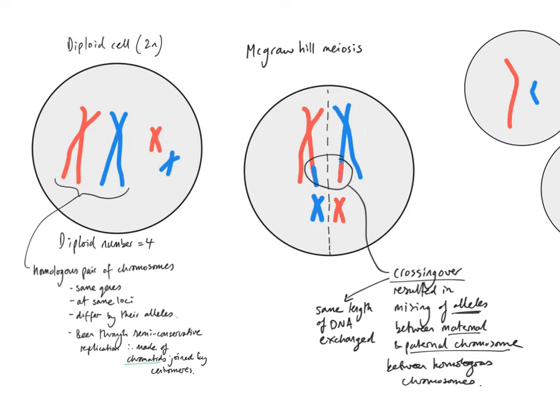So here I've got red, blue, and here I've got blue, red. The position either side of the equator is what we call independent segregation. So the position of these is random. Equals independent segregation.